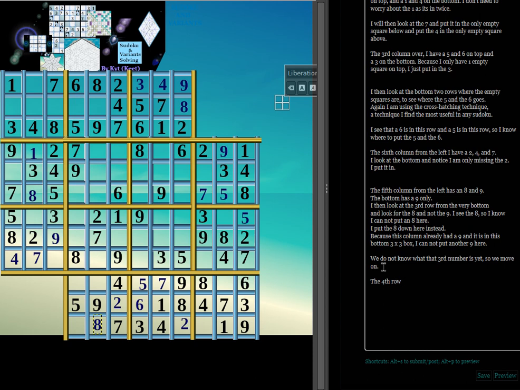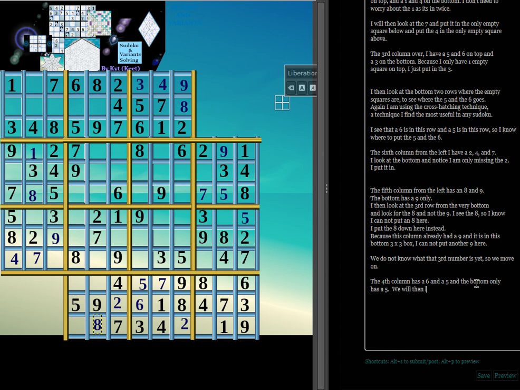The fourth row has a 6 and a 5, and the fourth column has a 6 and a 5, and the bottom only has a 5.